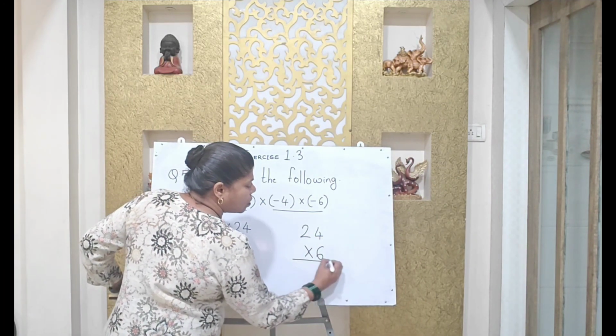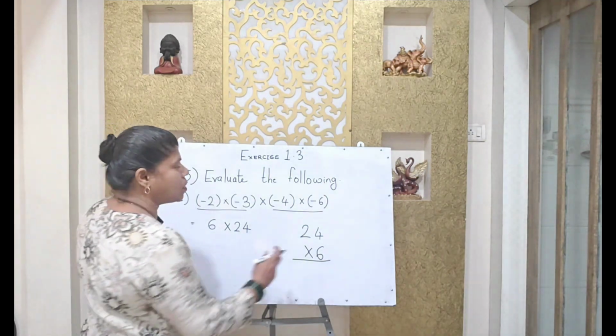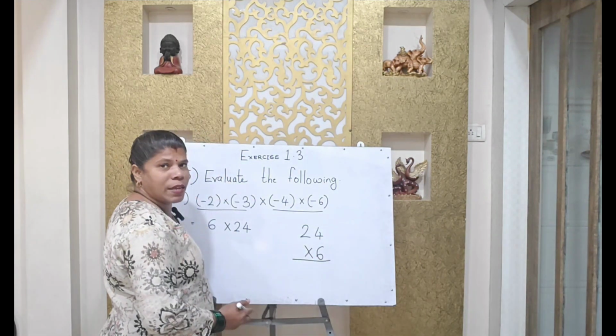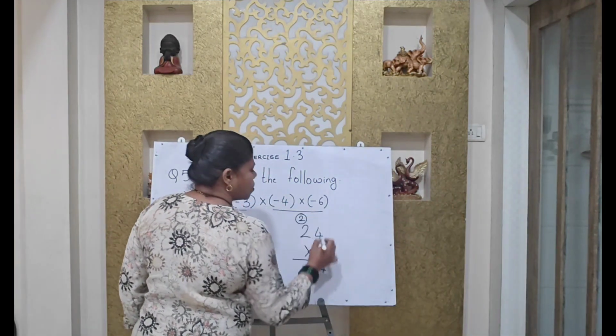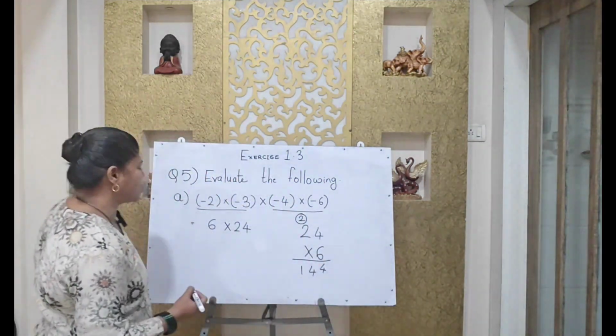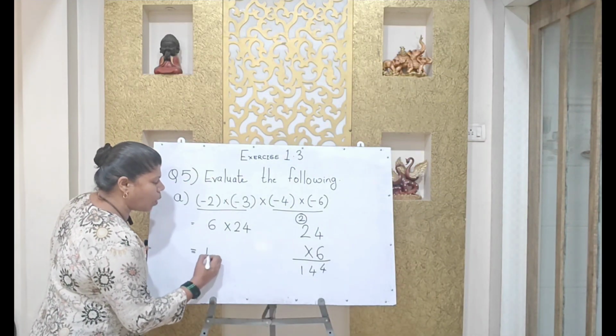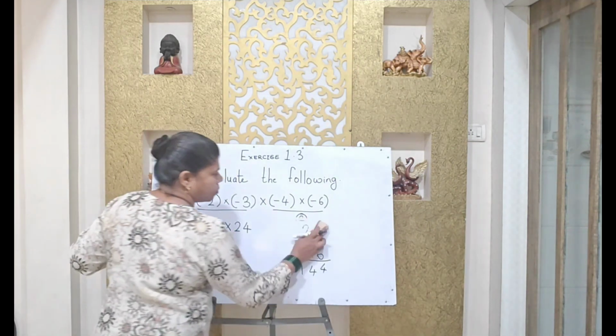If you know the table, write the answer 144 directly. If you don't know, just calculate. 6 4s are 24, 4 carry 2. 6 2s are 12 and 2 is 14. 144. The answer is 144. Okay, clear?